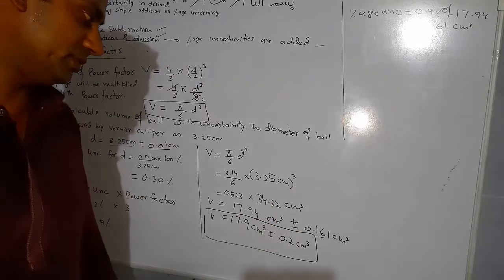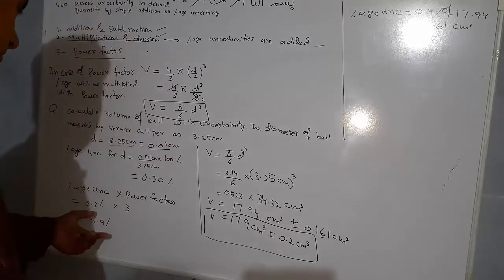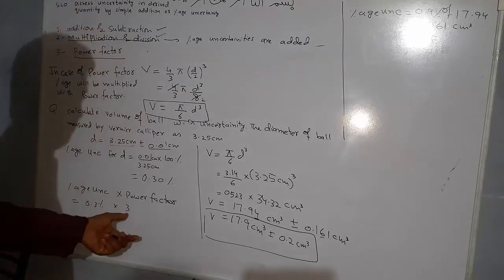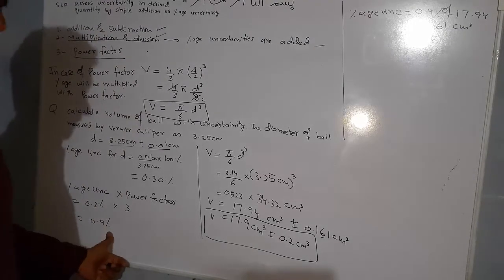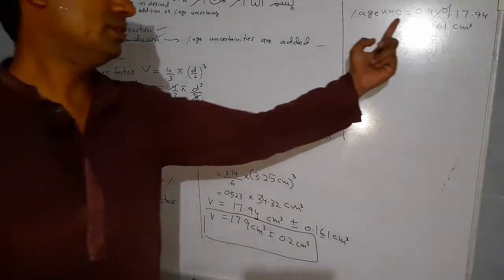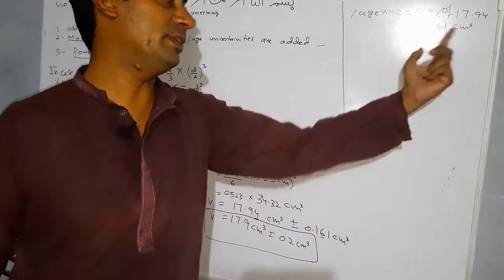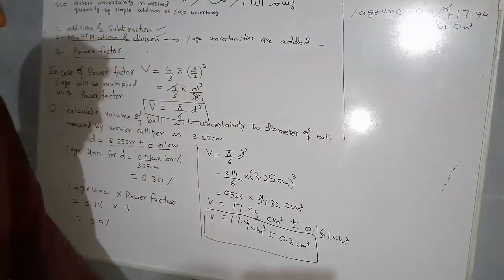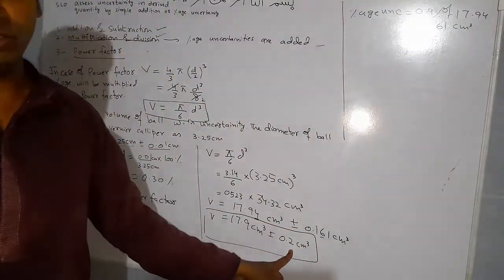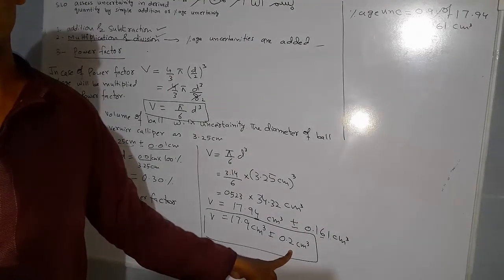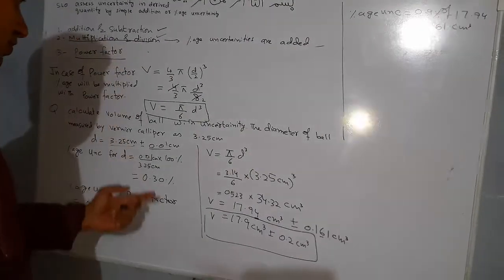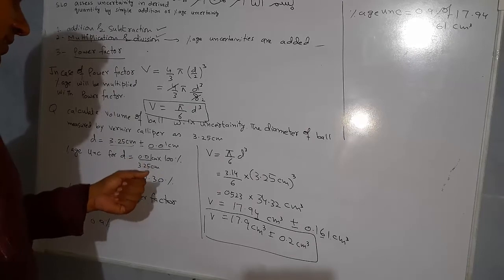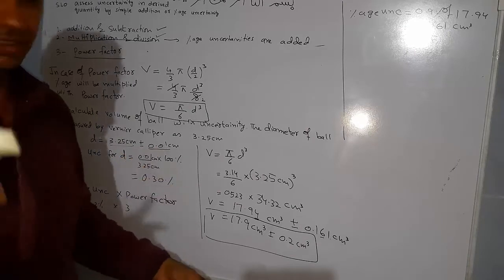Instead of 0.3 we have multiplied with 3, so it becomes 0.9%. So 0.9% of 17.94 is 0.161, and then we convert it into one significant figure, because the given data has uncertainty with one significant figure, that is 0.01.